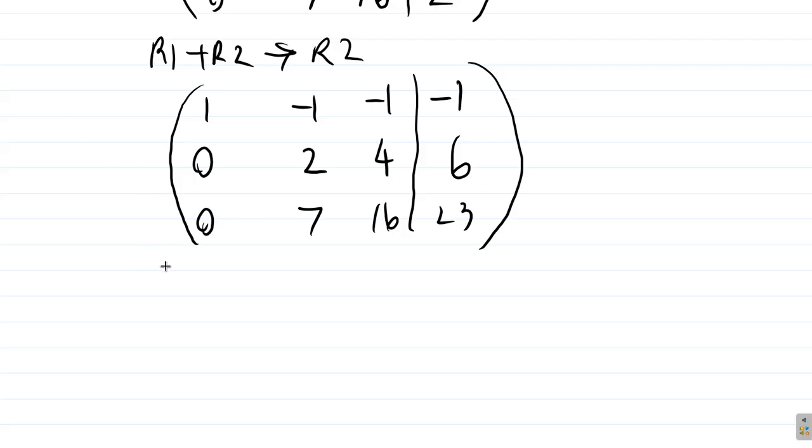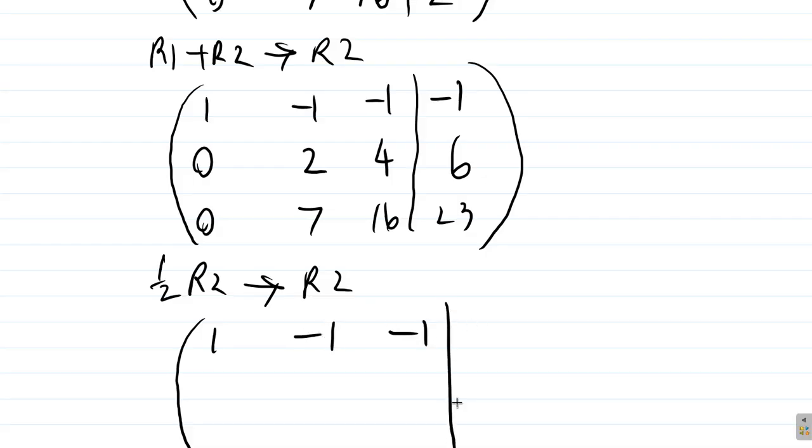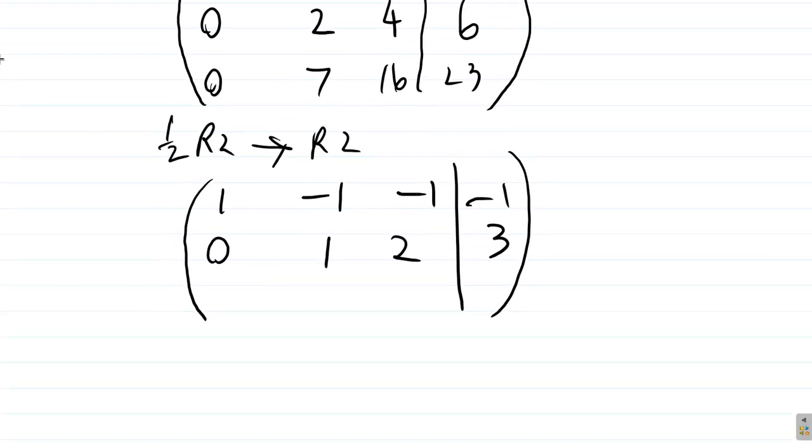Sometimes instead of saying row 2 divided by 2, you could say half row 2, and that gives you the new row 2. So we have row 1 as 1, negative 1, negative 1, negative 1. Half of row 2 is 0, 1, 2, 3. And then we have 0, 7, 16, 23.